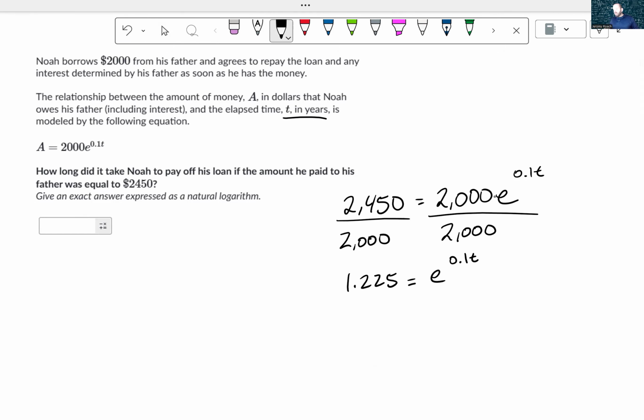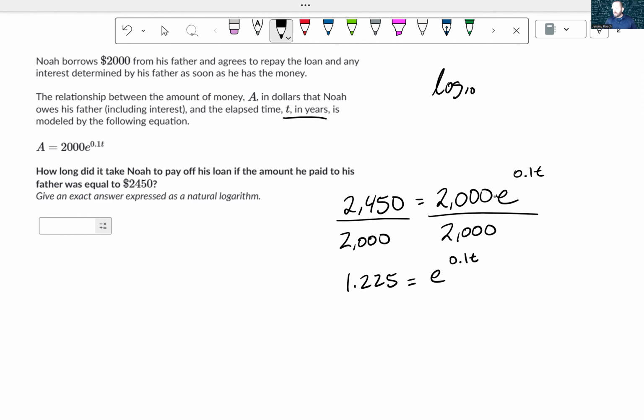Now we're going to take the log of both sides, but instead of using the log, we're going to use the natural log. Natural logs have the same rules as regular logs, except their base is e. So on the calculator, you can calculate things that are log base 10 very easily.